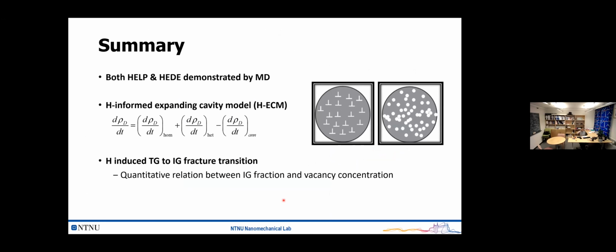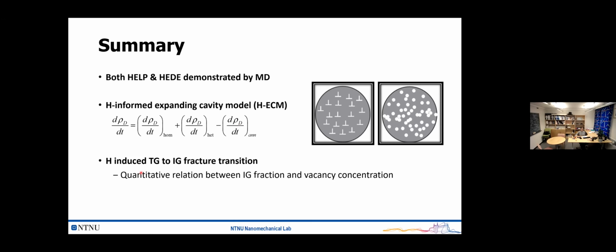And come to the summary. Here we can see that both the HELP and HEDE mechanisms are demonstrated by the molecular dynamics simulation in the model material, nickel. And we developed this hydrogen-informed ECM model, which of course does not work perfectly, but needs extra terms to describe the dislocation evolution.